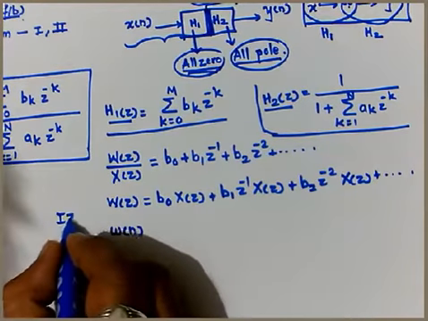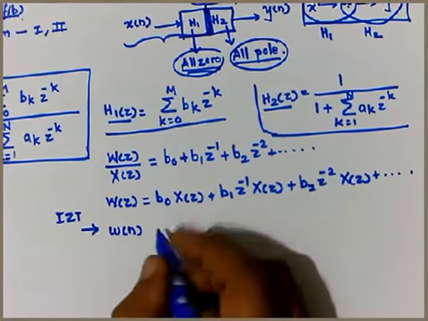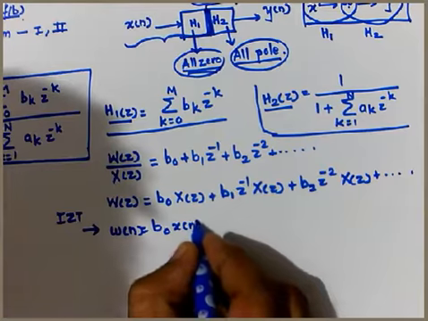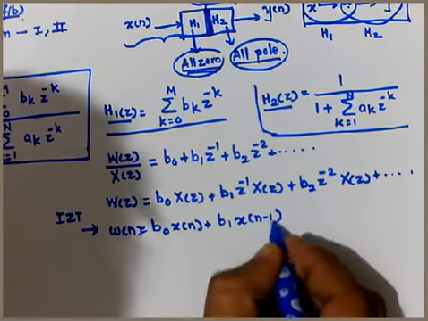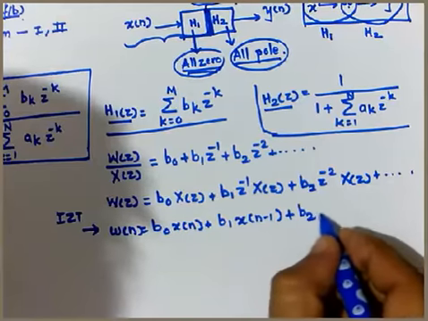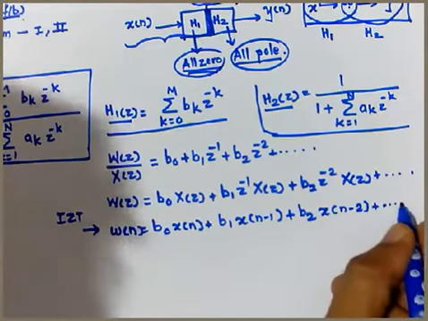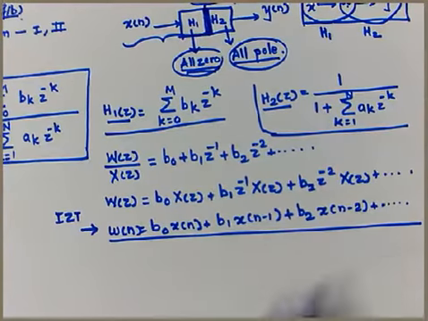So by using the IZT, we can get this term. w(n) is nothing but b0 x(n) plus b1 x(n minus 1) plus b2 x(n minus 2) plus dot dot dot. This is how the w(n) will be obtained.